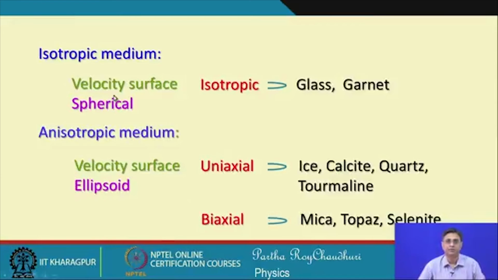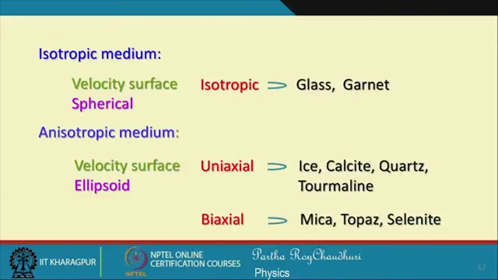For an isotropic medium, the velocity surface will be spherical, that is, if I imagine the wave front in all 4 pi solid angle directions, then it will be spherical, because the velocity is equal in all directions. Examples of such a medium are ordinary glass, garnet and many more. For an anisotropic medium, the velocity surface will in general be an ellipsoid.